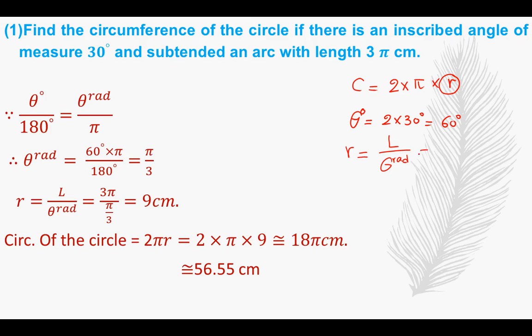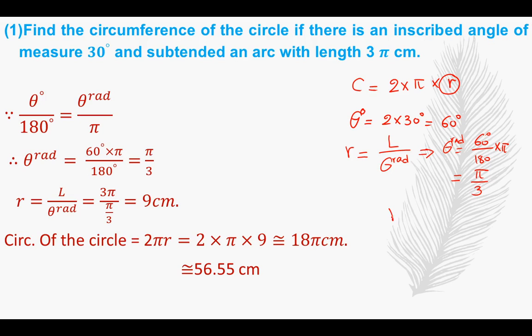How can we change it? Theta radian will equal theta degree, 60, over 180 multiplied by π. So the result will be π over 3. Theta radian equals π over 3.